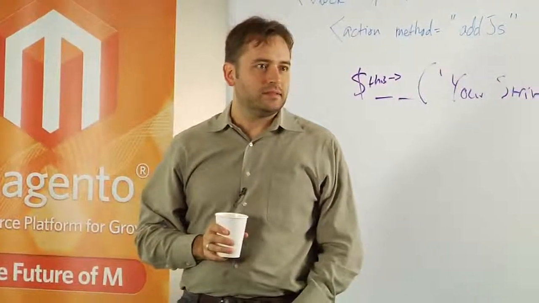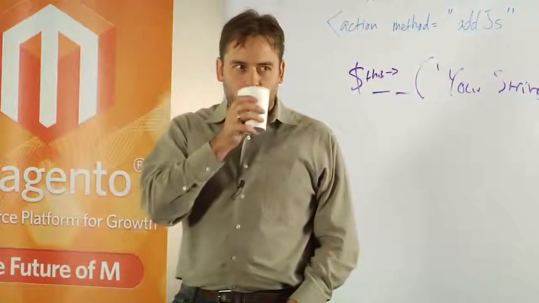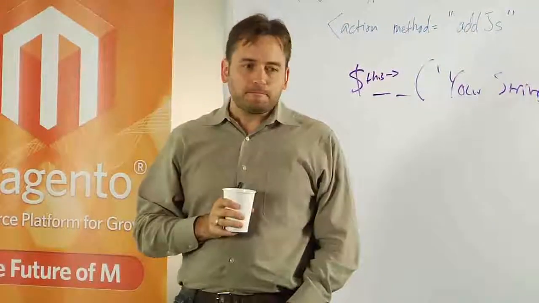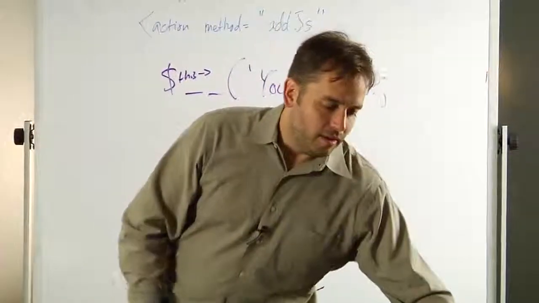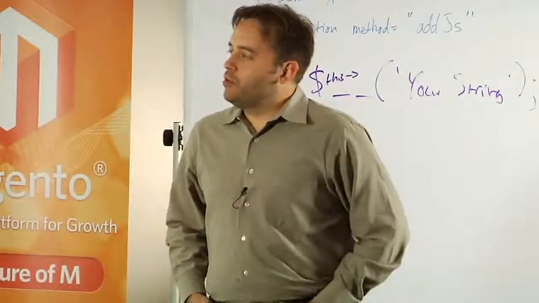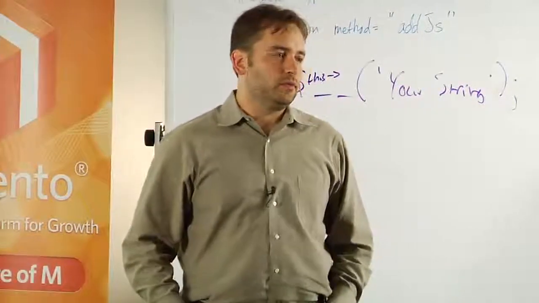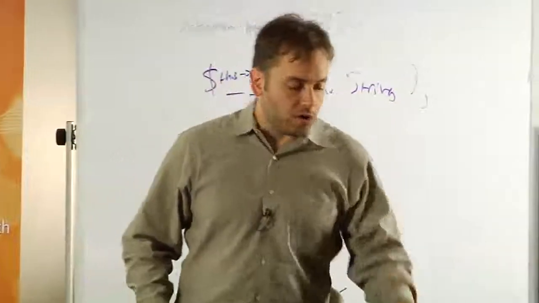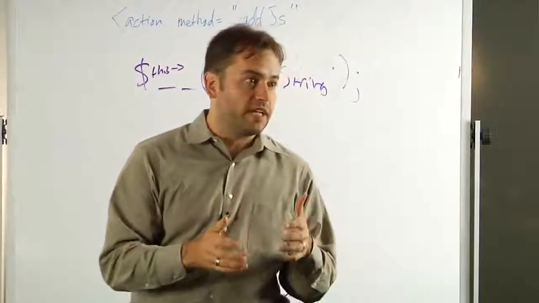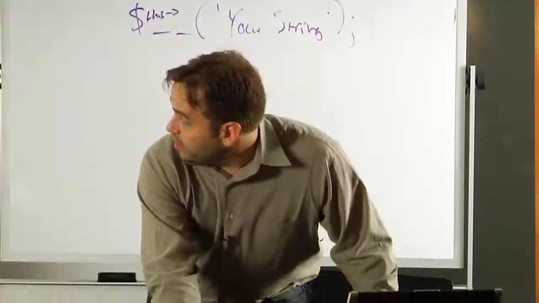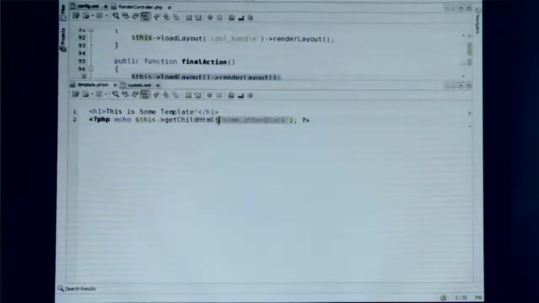Aha. So only those core textless blocks are going to render their children automatically. I could basically recreate that core textless functionality if I just leave this call empty. And then get child HTML will just render all of the child blocks of this block.